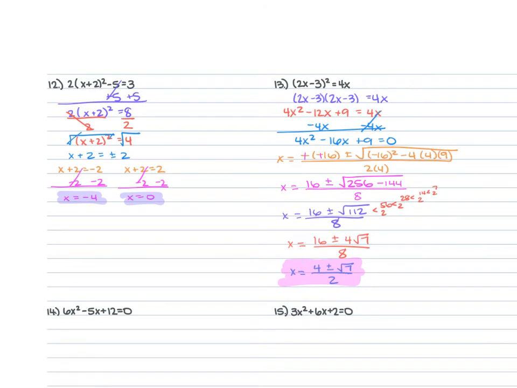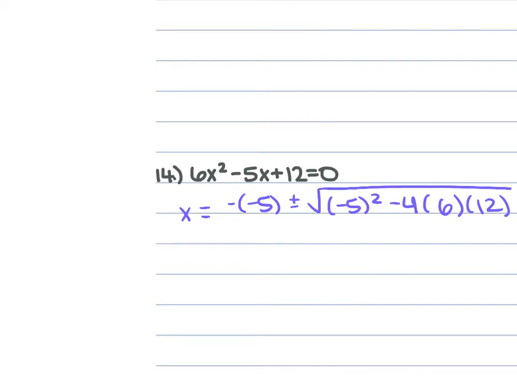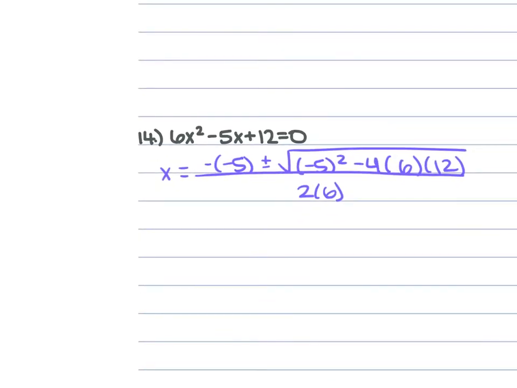For 14, we're given 6x squared minus 5x plus 12 is equal to 0. So again, I'm just going to use a quadratic formula. X is equal to a negative times negative 5 plus or minus the square root of negative 5 squared minus 4 times 6 times 12 all over 2 times 6. From here, those two negatives are going to become positives. So x is equal to 5 plus or minus the square root of 25.